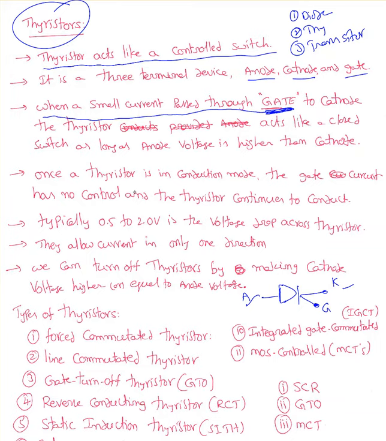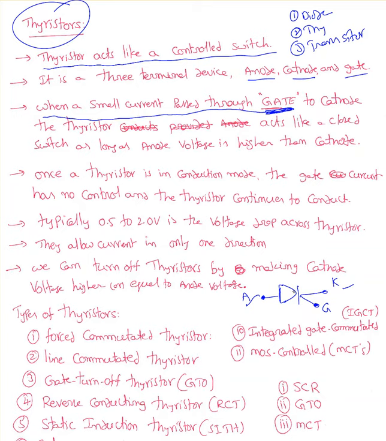Once a thyristor is in conduction mode, meaning it is a closed switch, the gate current has no control and the thyristor continues to conduct. Once I give a triggering signal, there will be a continuous current passing from anode to cathode as long as the anode voltage is higher than the cathode voltage. In that case, the gate current is no longer needed, so it loses its control.